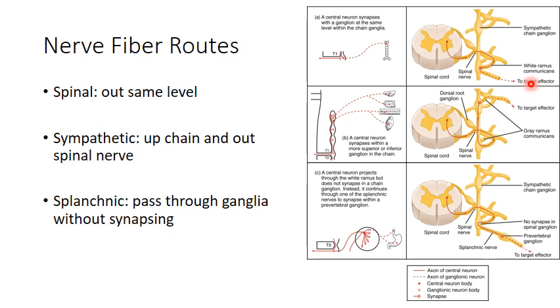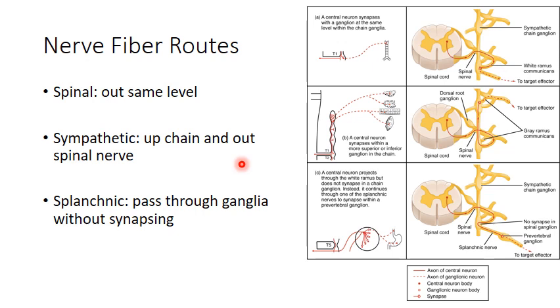This is going to be really common with sweat glands, blood vessels of the skin and muscle, and other things like that. The next nerve fiber root is going to be the sympathetic nerve root.